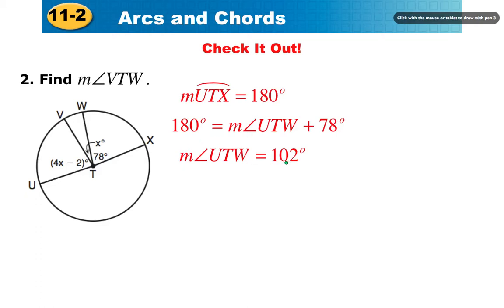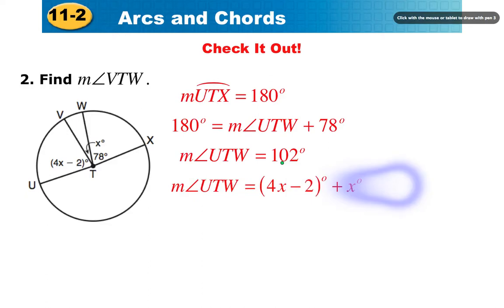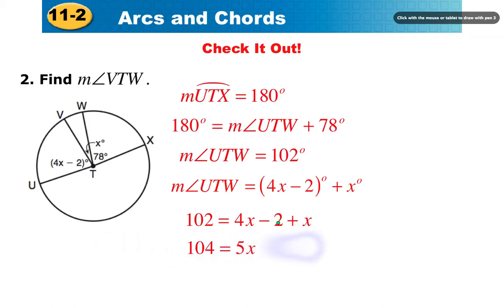And then I also know that UTW represents the sum of these two center angles, 4x minus 2 and x. Then I have the following equation. I can drop the degree symbols, solve for x, and I get 20.8.